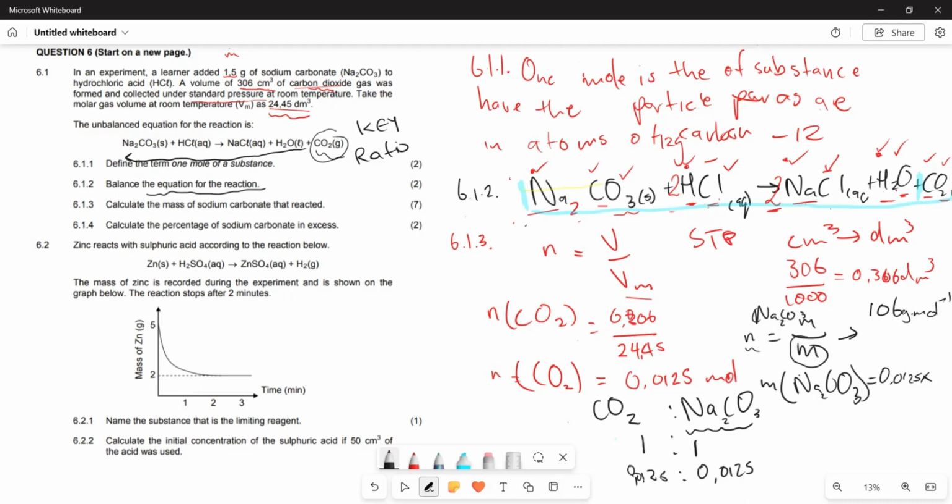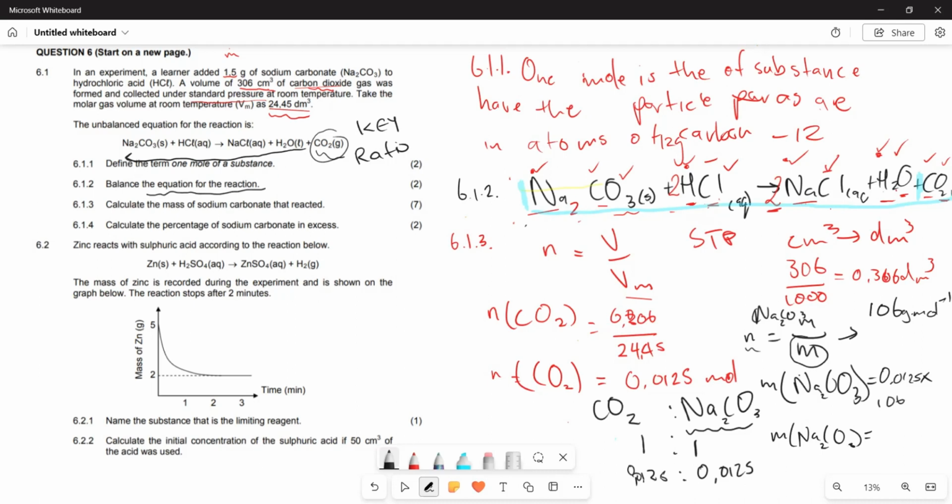So if that's the case, this 0,0125 is going to be multiplied by 106.